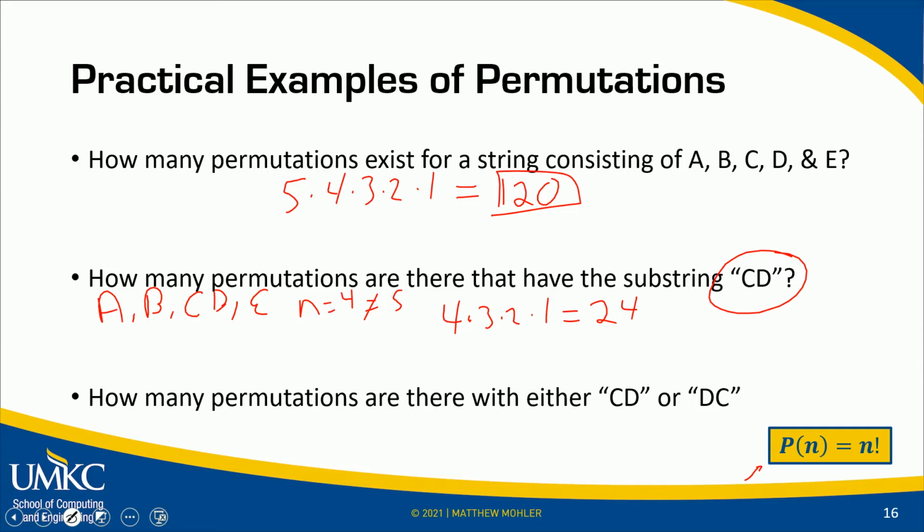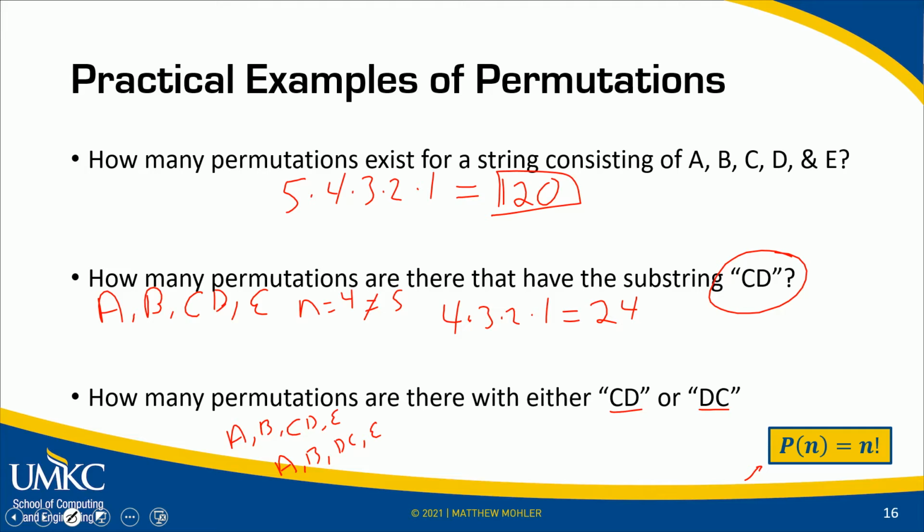We can say that really, because we now have 2 potential elements to plug in, we have A, B, CD, and E as an option, and then also A, B, DC, and E as an option. So there's 2 different ways to enter this permutation that we calculated before as 24.